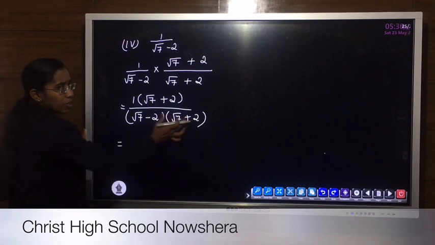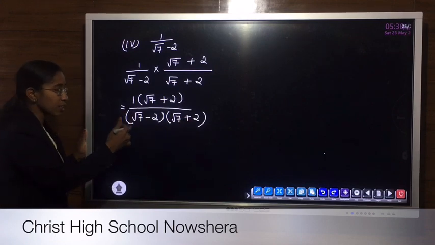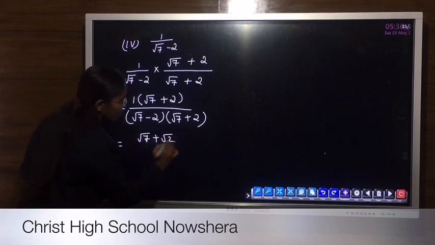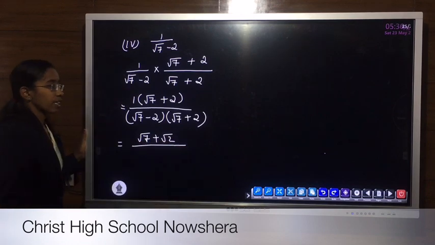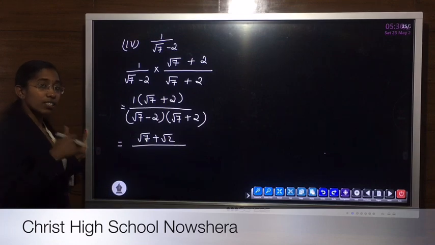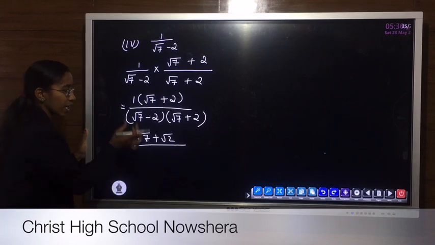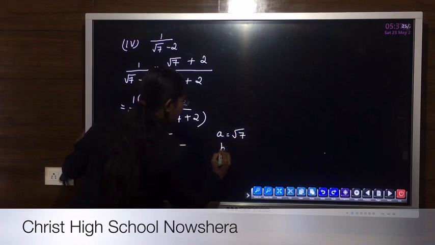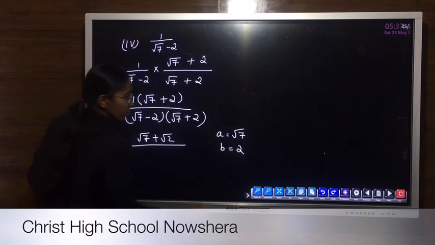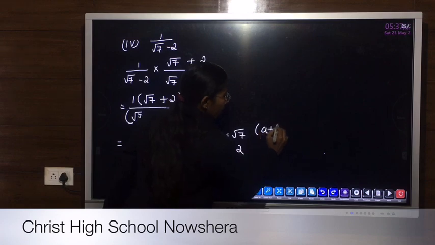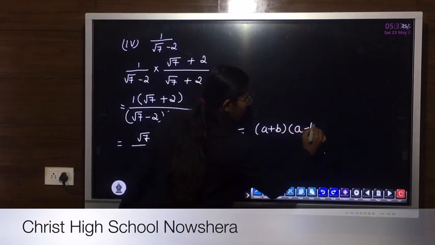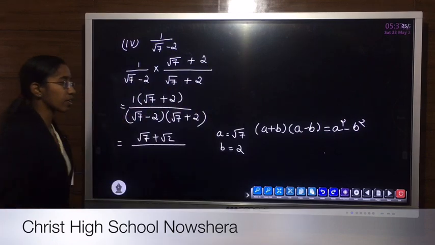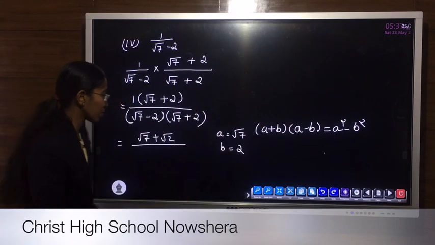Here also a plus b into a minus b is a square minus b square. So root 7 plus 2 divided by a square minus b square. Here our a is root 7 and b is 2. This equation, a plus b into a minus b equal to a square minus b square. Substitute the values of a and b in that equation.